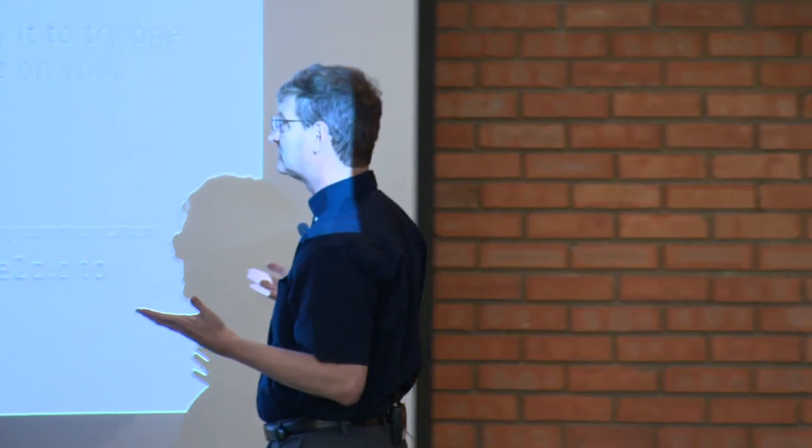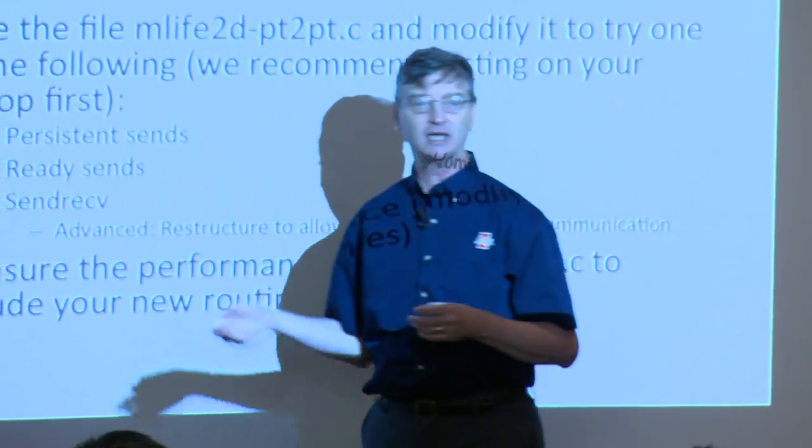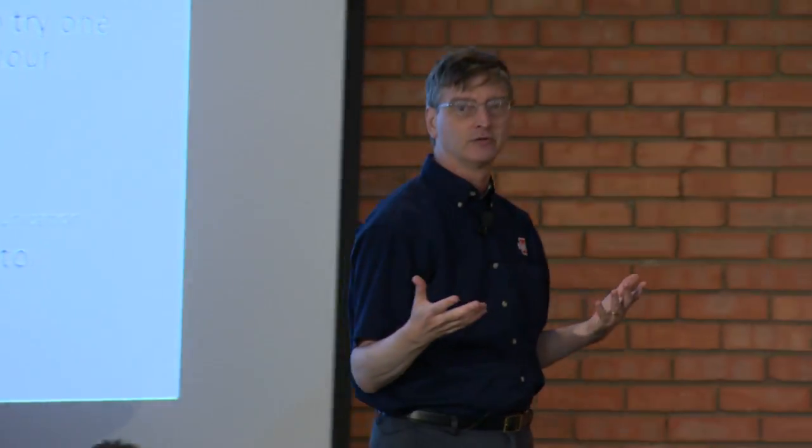You can't always use these, but in some cases, the structure of the algorithm allows you, for example, to post an Ireceive before you do, say, an Allreduce. Now you know for absolute certain that when the Allreduce exits, all those Ireceives have been posted. Any send that follows the Allreduce could be a ready send. Right? So if you're doing an iteration in which at every iteration you're doing some convergence check, then you might be able to do this.